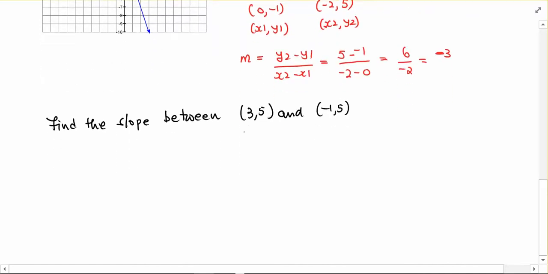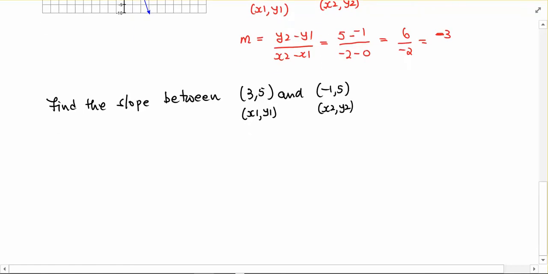It doesn't matter. We just have to figure out which one we want to call x1, y1 and which one we want to call x2, y2. So I'm going to name it this way, and you could have named it the other way. It doesn't matter.